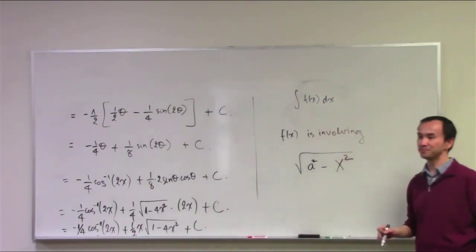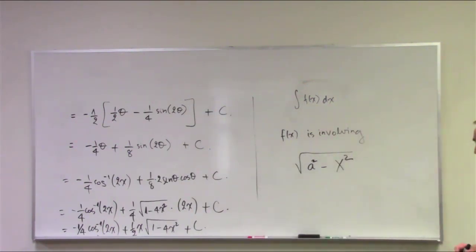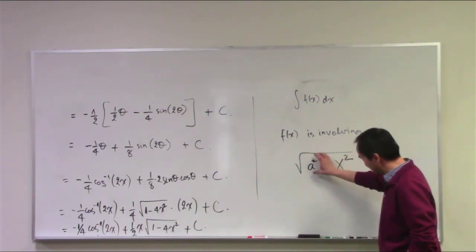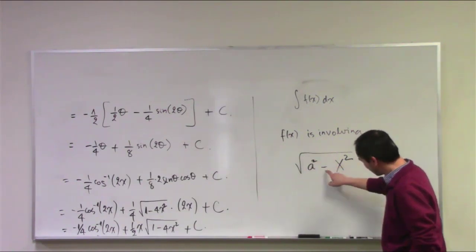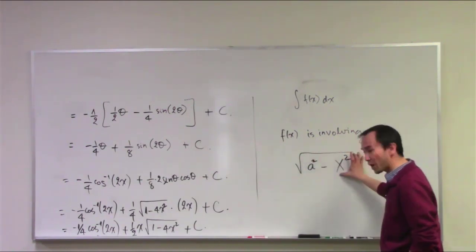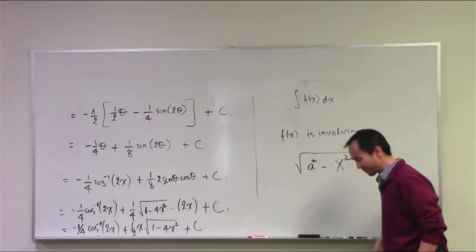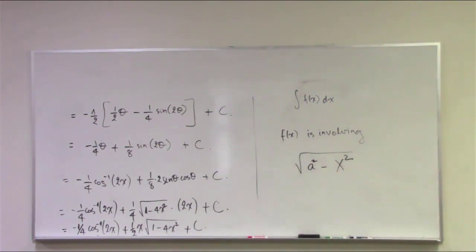Notice that inside the square root I have a constant, and we see that constant as a square, and then subtract an expression square. That's what just happened right here in our problem.